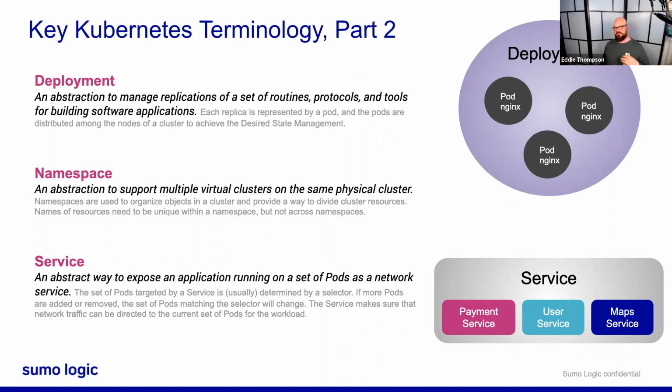So it's generally really important for the developers who are using your Kubernetes deployment. They might not really care about how Kubernetes functions day to day. What they care about is the service that they are putting out to the world. So they've got a payment service, a user service, a map service. That's what they're deploying. That's what they really care about.